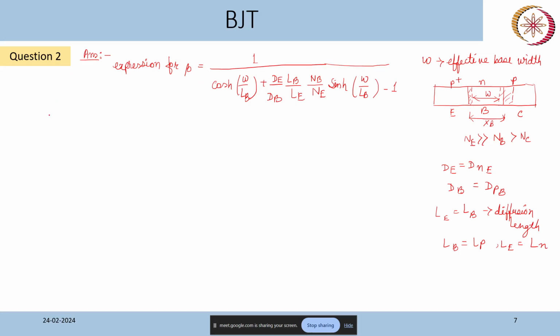Here NB is the doping concentration in the base region, and Ne is the doping concentration in the emitter.